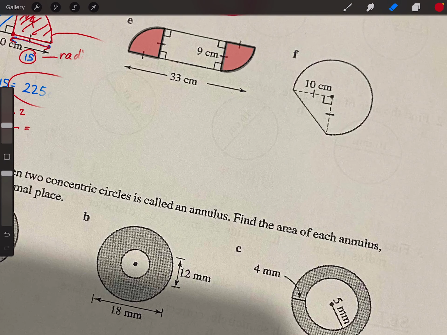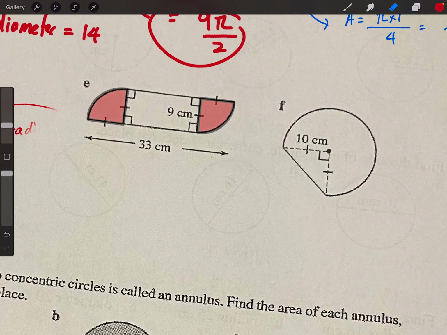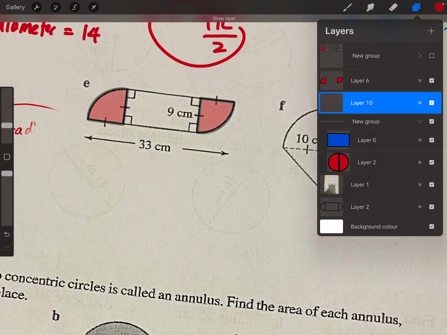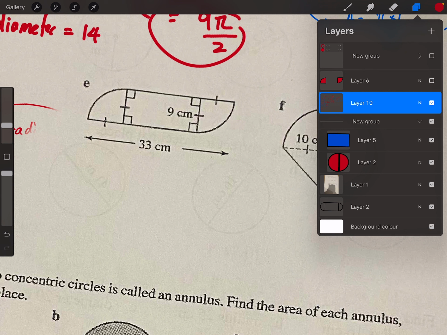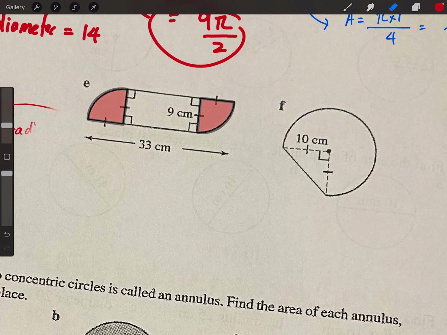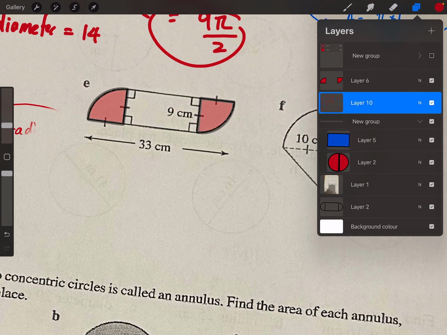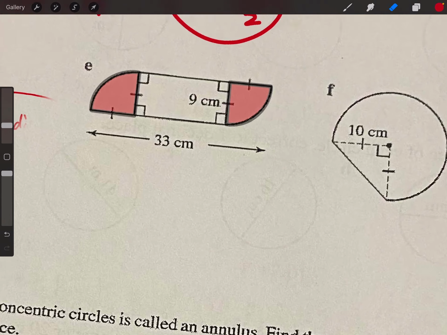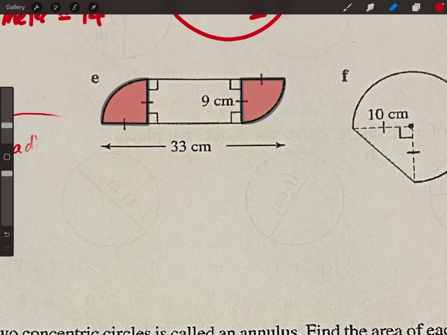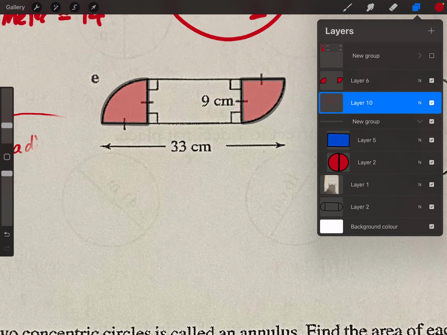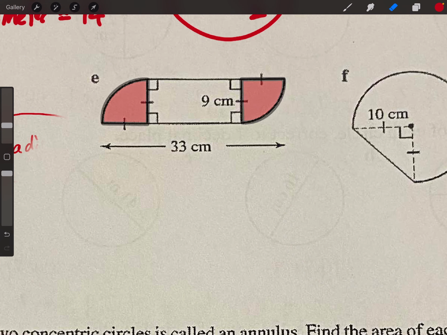Okay, so here we have, again, this shape. It looks like we've got 2 quarter circles plus a rectangle in the middle. So what we're going to do is combine those 2 quarter circles. Let me just combine them and I'll show you.